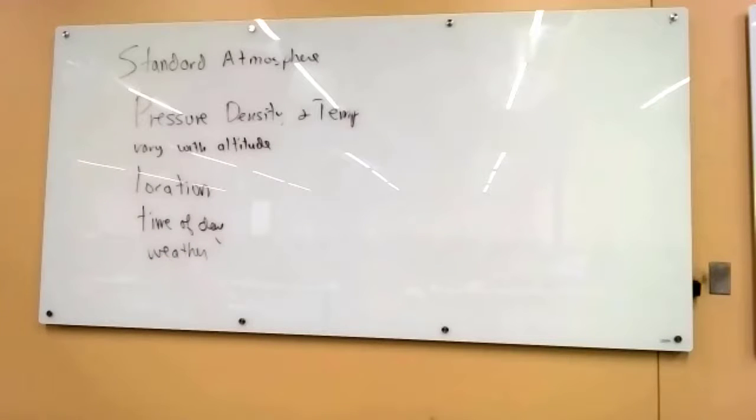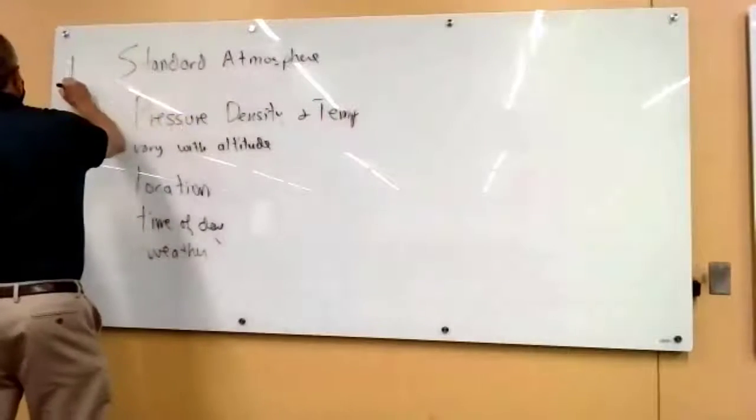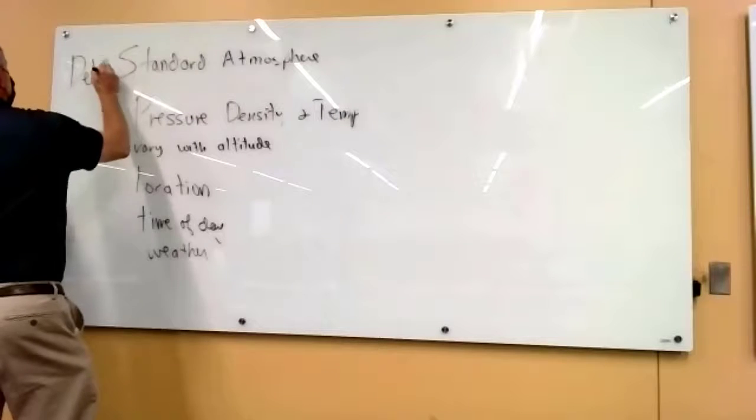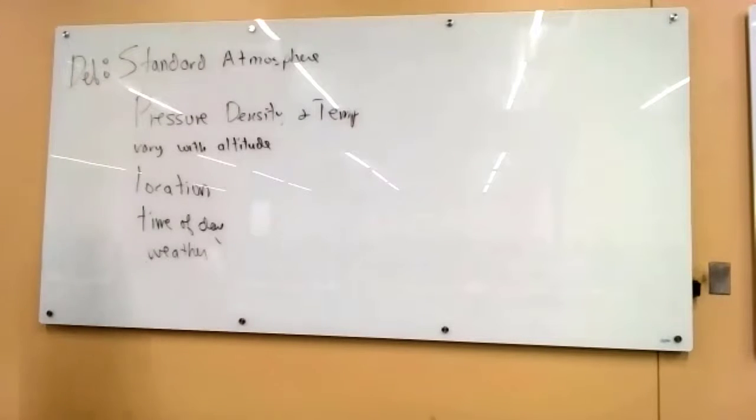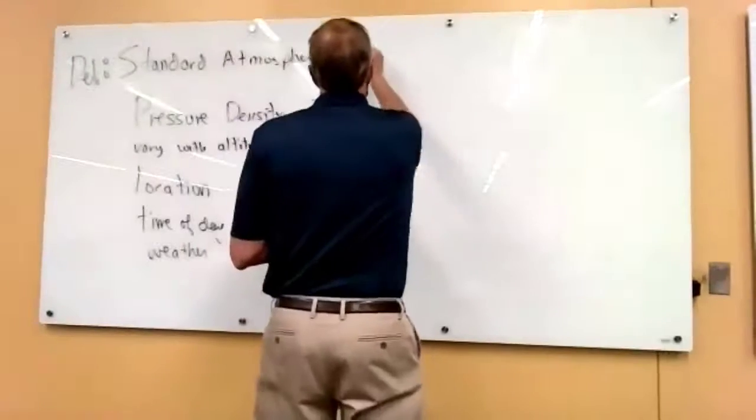And so if we're saying, well, an airplane's flying at 10,000 feet, and we want to analyze it there, what temperature, what pressure do we use? So a long time ago, somebody defined what's called the standard atmosphere. And it's average conditions.